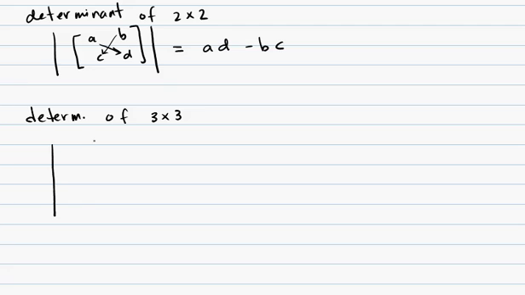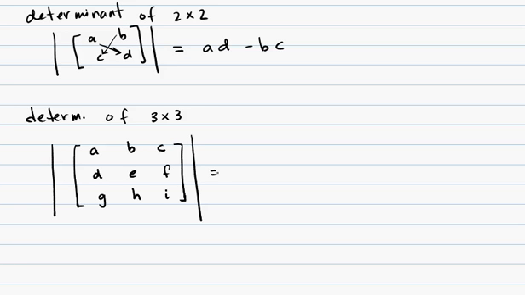And again, I use these bars to symbolize that, and then let me put a 3 by 3 matrix here, A, B, C, D, E, F, G, H, I. What I'm going to do, and now if you know other ways of finding a determinant of a 3 by 3, you're welcome to use those. I'm going to show one way of finding it, and there's multiple ways. I'm going to take the first column, this column here, and go component by component.